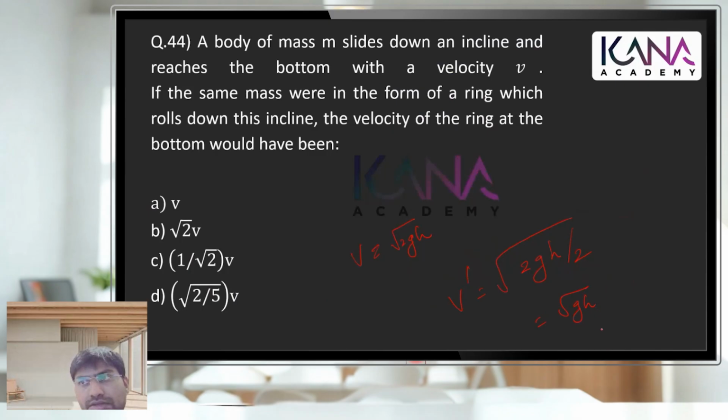So v dash is nothing but v by root 2. This is how it came: root 2gh by 1 plus k square by r square, and we substituted 2 for the denominator. So that's why it becomes like this. Yeah, so that answer is C.